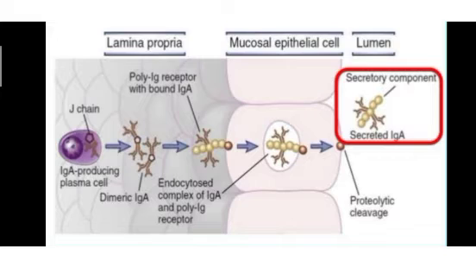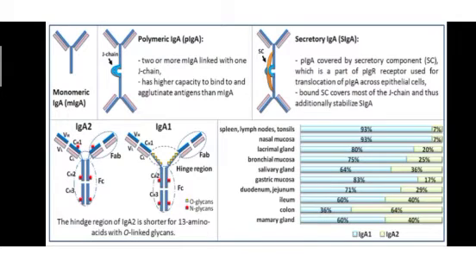And immunoglobulin A in serum is mainly monomeric. But in secretions such as saliva, tears, colostrum, mucus, sweat, and gastric fluid, immunoglobulin A is found as a dimer connected by a joining polypeptide.